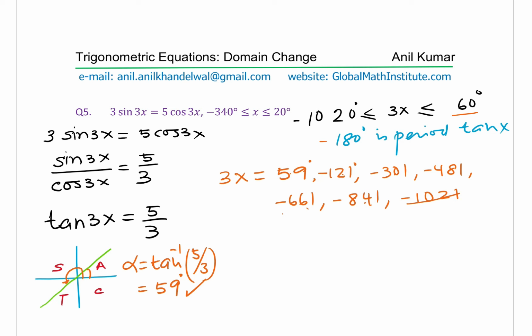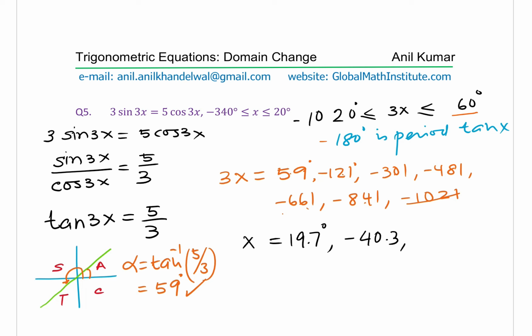So that is 3x. What is x equal to? We are going to divide all of them by 3 to get our answer. So 59 divided by 3 gives us 19.66, so we'll write 19.7 degrees. Next one, 121 divided by 3 will give us 40.33, so write minus 40.3.